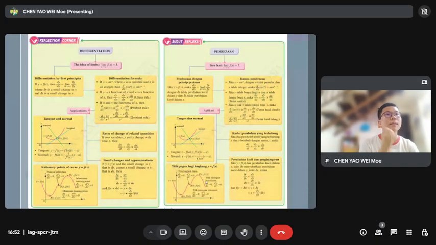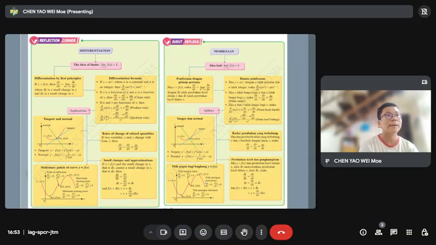So in conclusion, for differentiation you need to know the idea of limits, and you need to know the differentiation formulas, the quotient rule, chain rule, product rule, all that, and also the rules we learned in part 1.